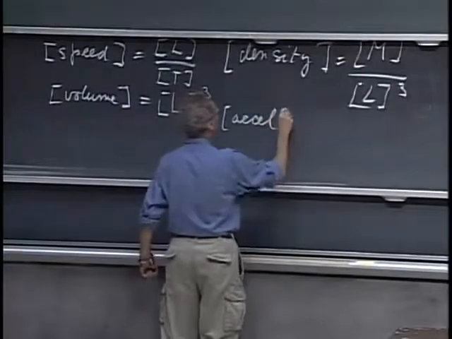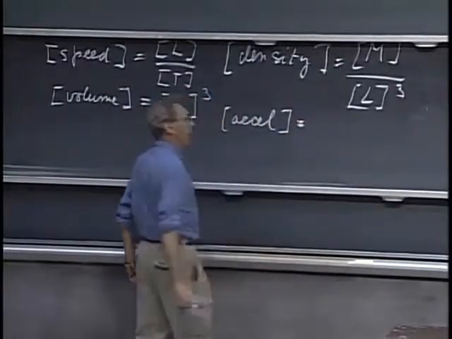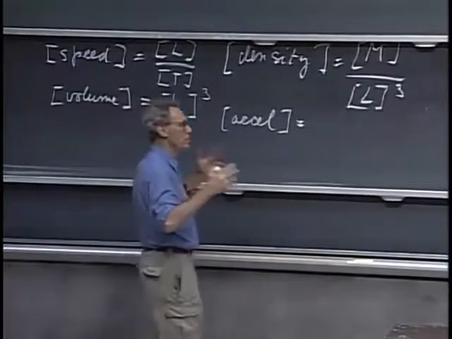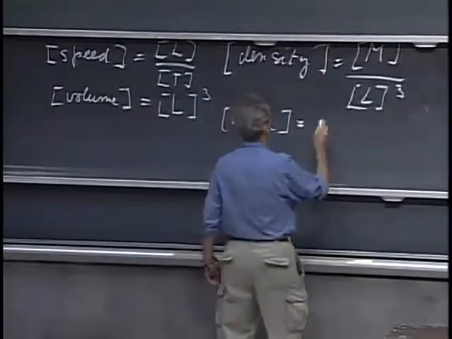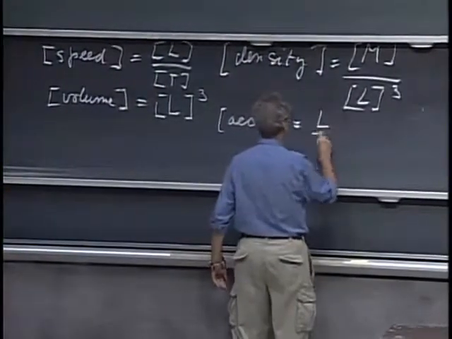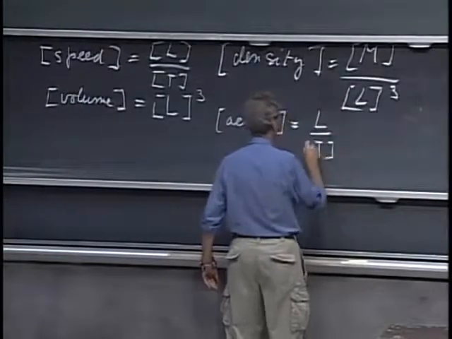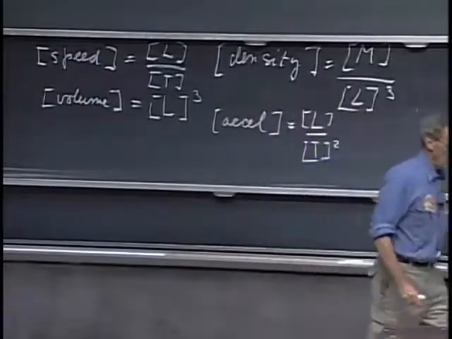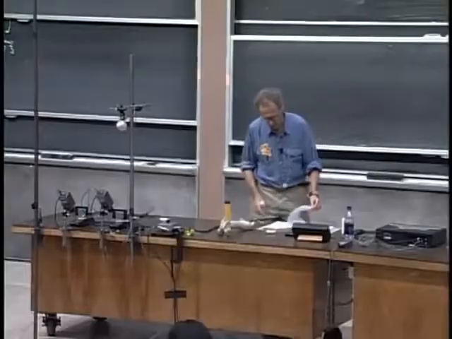We will deal a lot with acceleration. Acceleration, as you will see, is length per time squared. The unit is meters per second squared. So you get length divided by time squared. So all other quantities can be derived from these 3 fundamental.